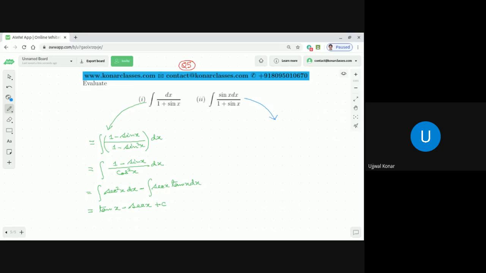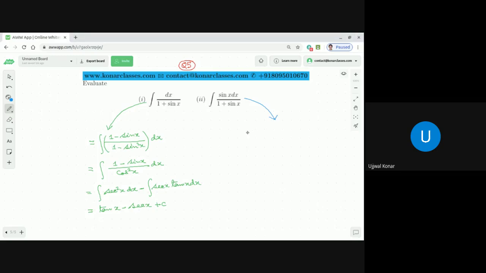Disha, you got the second one? Sir, is it sec x minus tan x plus c? Perfect. This is absolutely the correct answer. Very well done.